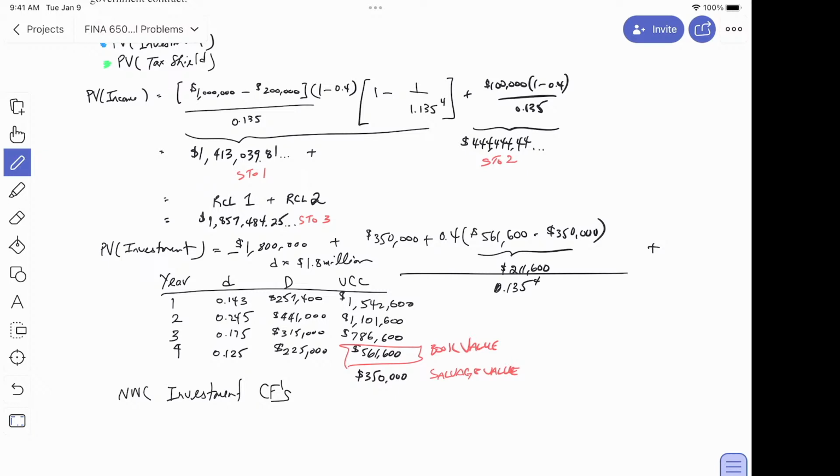You're told that inventories will increase $300,000 worth and stay at $300,000 throughout the life of the project. So what is the impact of that? I have the table here, but I want to know what you came up with. For the net working capital investment cash flows, what does it add to the present value of investment or subtract? What are the cash flows?